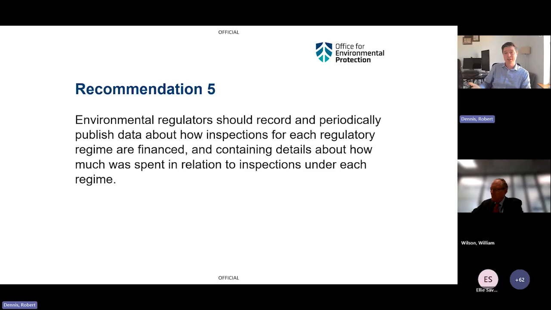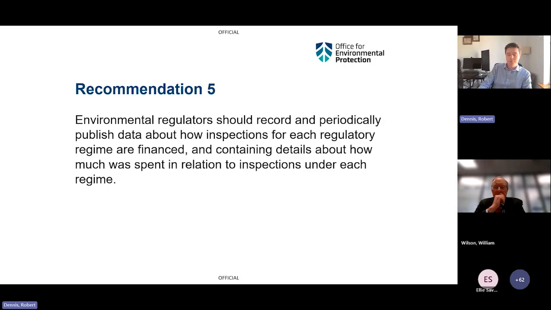We're conscious that a substantial proportion of regulatory budgets are spent on activities like inspections, but it was really surprisingly difficult, actually, for us to get clear information on the amounts of money that were being raised and were being spent on inspections and similar activities.